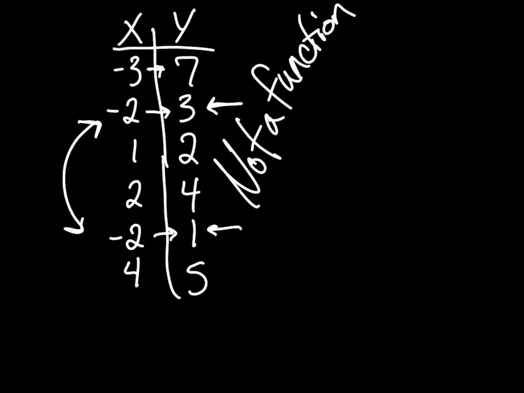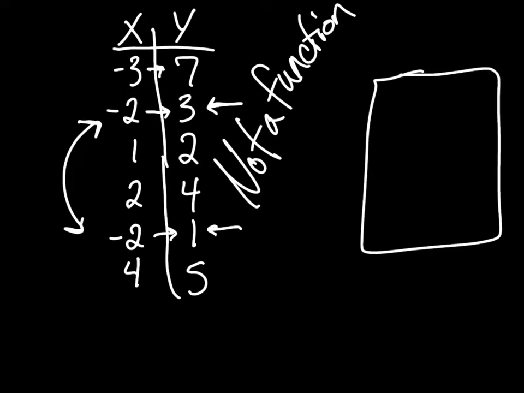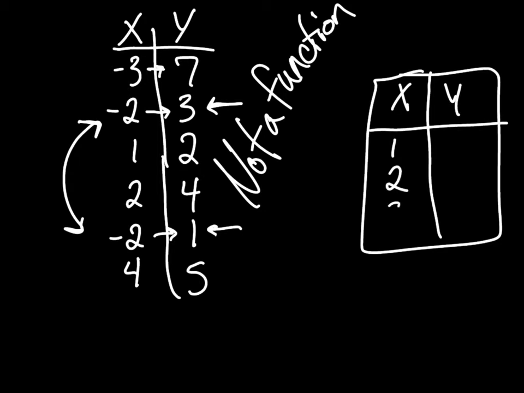Another way you might see this, so we have 1, 2, 3. Let's do 4, 5, and 6. Okay, so this one's saying when x is 2, y equals 4. X is 1, y equals 6.